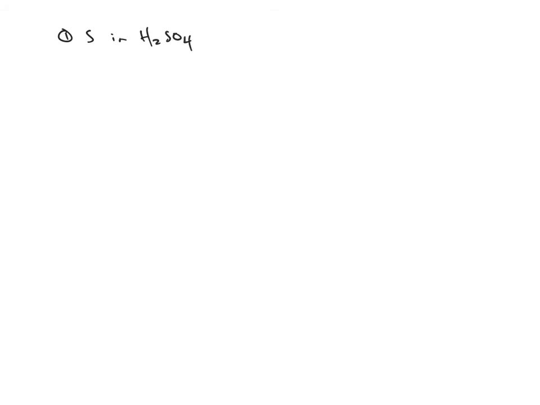H2SO4. The molar mass, we've got to figure out the molar mass of the compound. That's what it's looking for here. So H2SO4, well, we've got 2 times the molar mass of 1 hydrogen, plus we've got 1 sulfur, so 32.06 grams per mole, plus 4 times oxygen, which is 16.00 grams per mole.